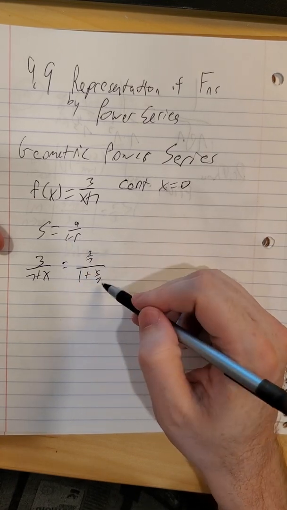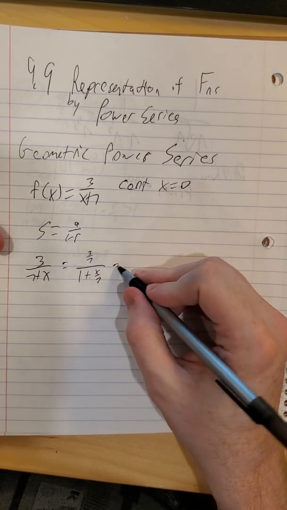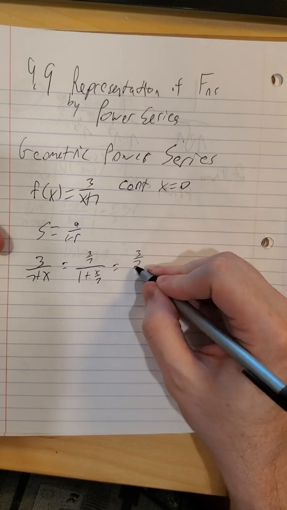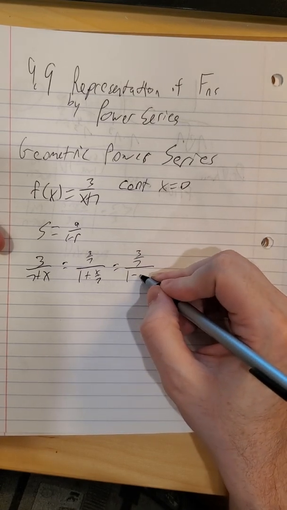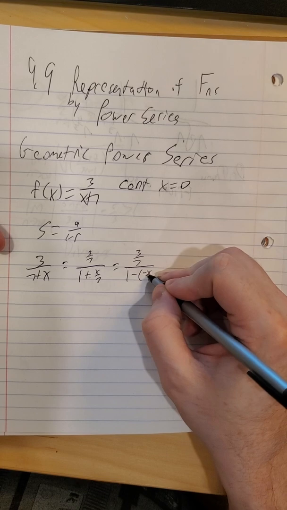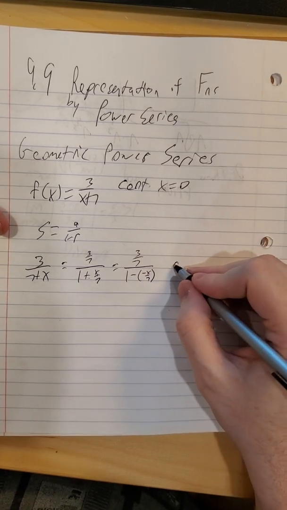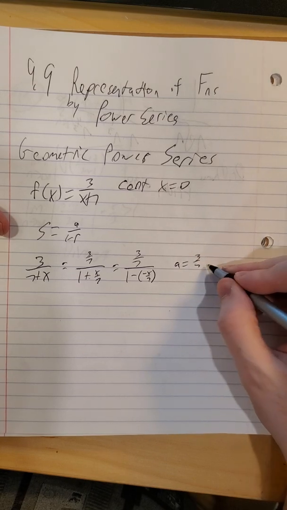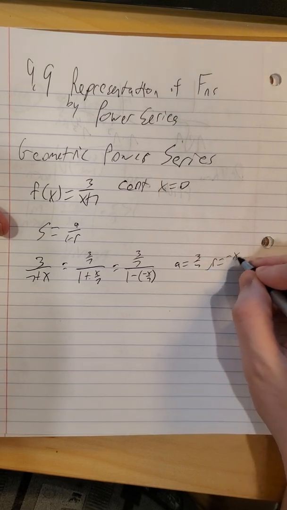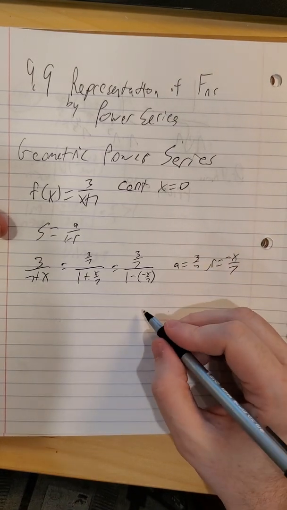Looking a little bit more like the sum, I also want this to be a minus, so we'll just turn the plus into minus a negative. So here a is 3 7ths. R is the opposite of x over 7.